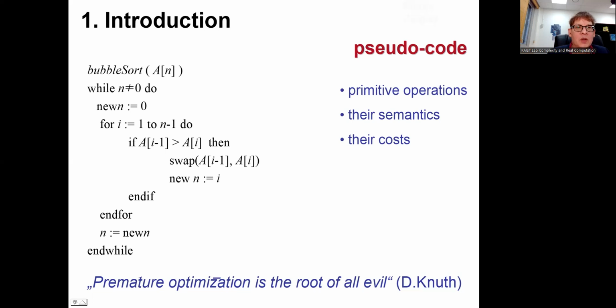And next, we're going to look at the importance of algorithm analysis, depending on which primitive operations with various semantics and costs are permitted. So stay tuned for that.